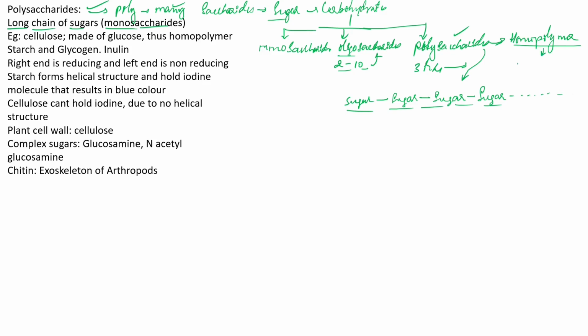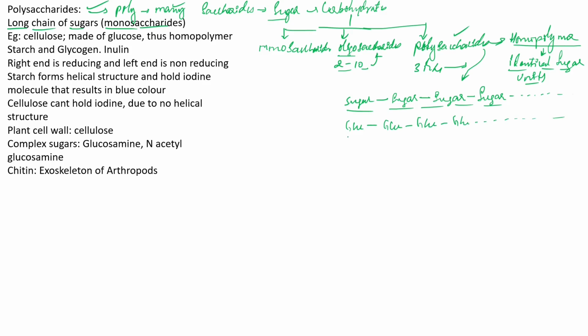Homopolymer means that they are made up of identical sugar units. For example, let me take one sugar, that is glucose. I will link one more glucose, similarly one more glucose, another glucose, and so on, right?